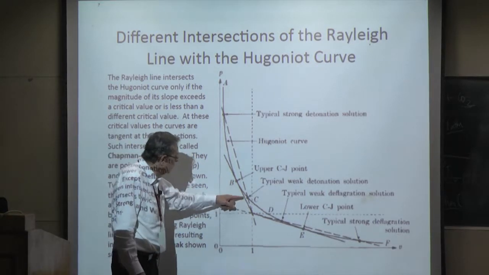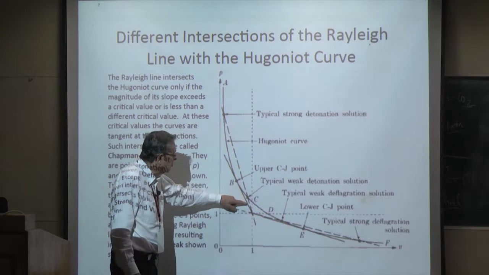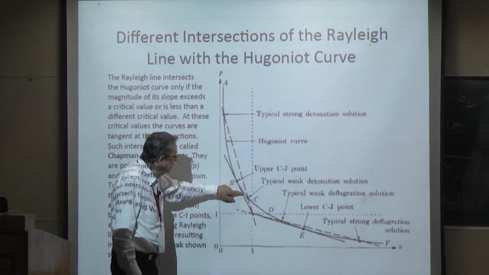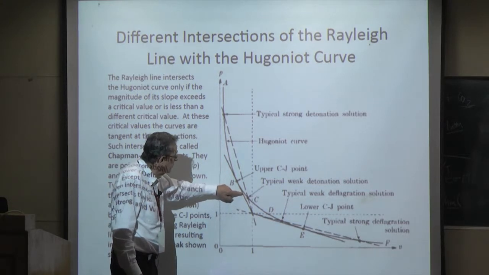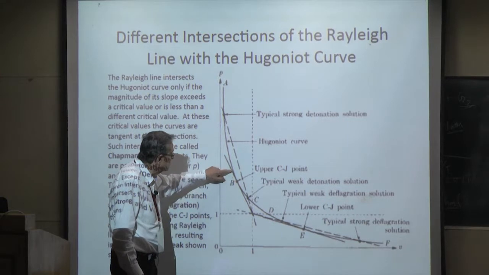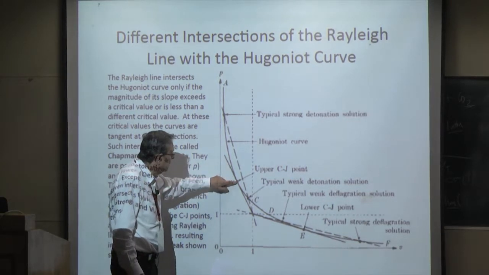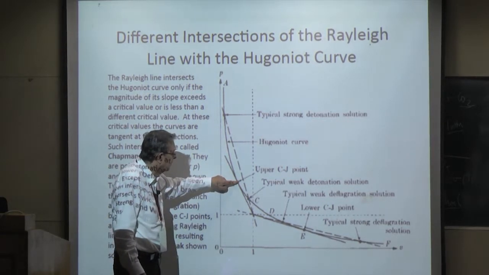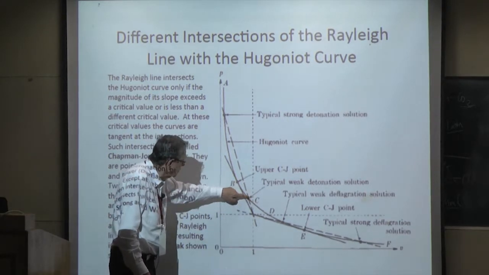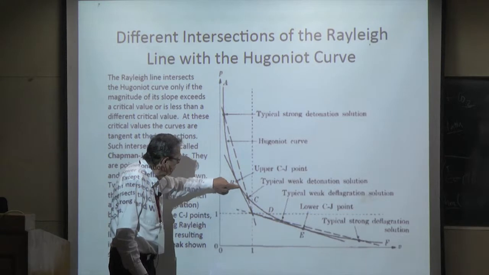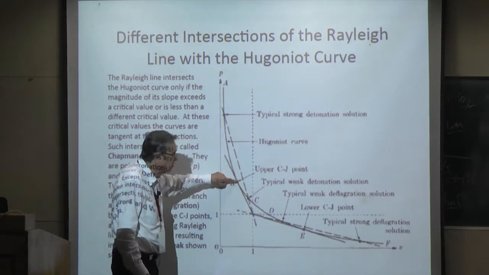If you go along the Rayleigh line, I forget which way it goes, and calculate entropy as a function of distance along the Rayleigh line, it's a maximum at the Chapman-Jouguet point, or maybe a minimum. If you go along the Hugoniot, it's a minimum at that point, or maybe a maximum.